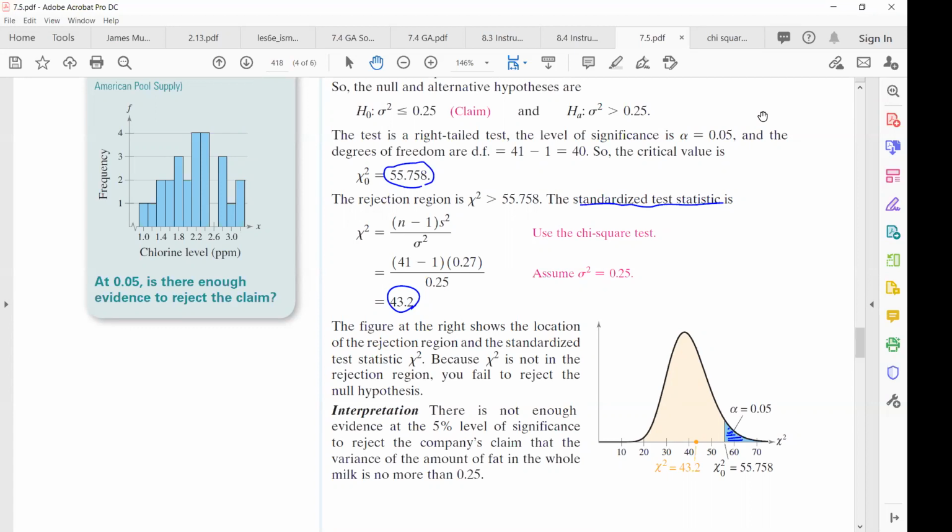It's outside the rejection region. It means that you fail to reject the null hypothesis, which in this case is your claim. So you can interpret it this way: there is not enough evidence at the 5% level of significance to reject the company's claim.